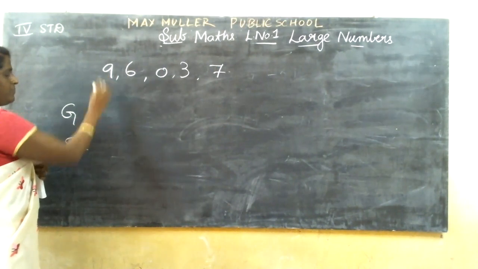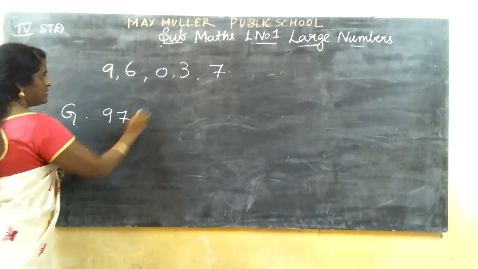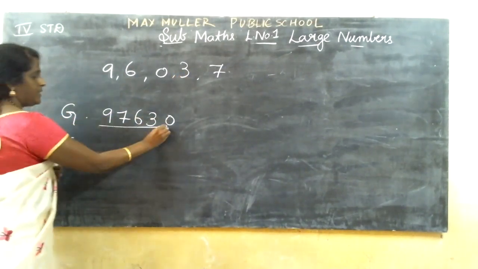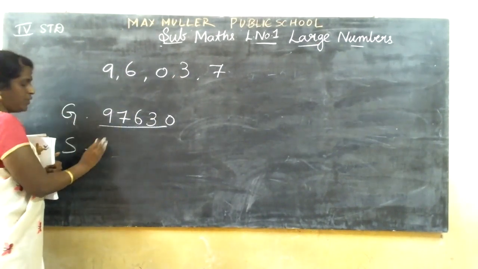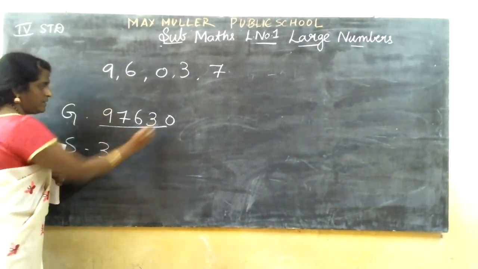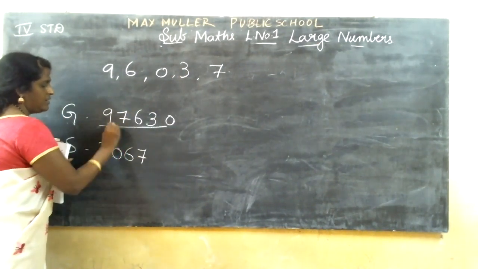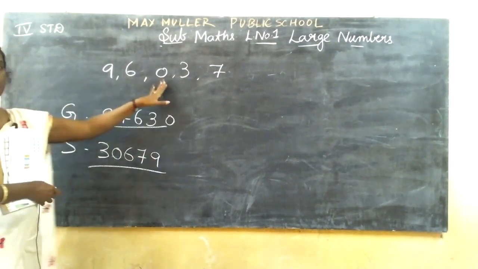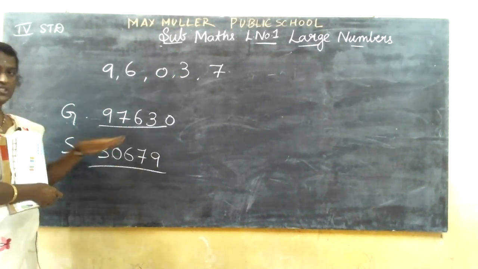Big means first number 9, 7, 6, 3, 0. This is the greatest number. Smallest number, you don't write 0 first. First you should write 3, 0, 6, 7, 9. This is the smallest number.